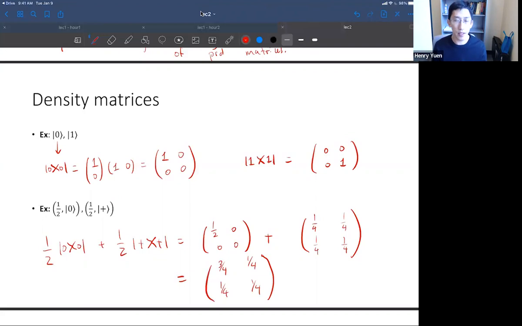So when someone hands you this unknown qubit state, they flip this coin behind the back, you get this single qubit. The best way for you to describe the state of this qubit is this matrix. It describes essentially your uncertainty about what the state is.